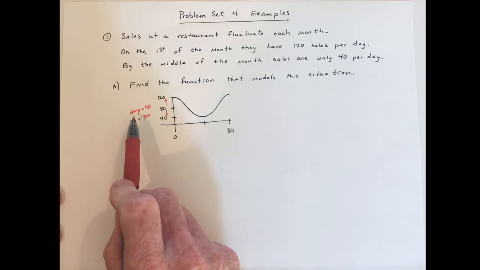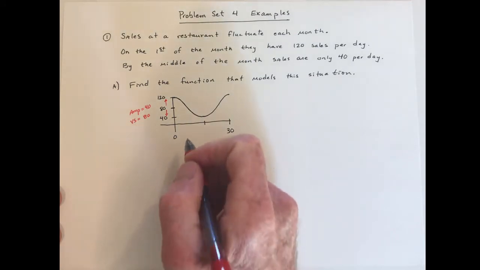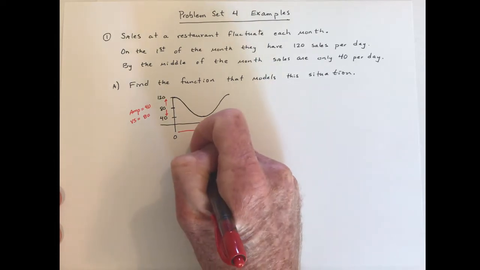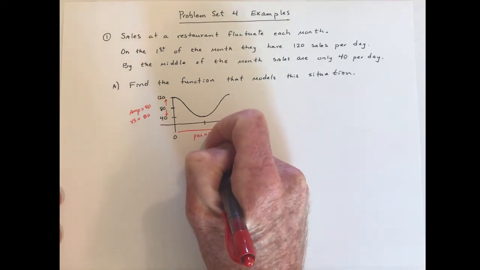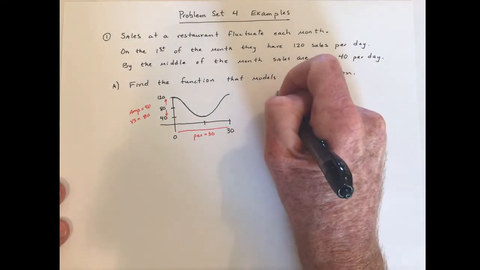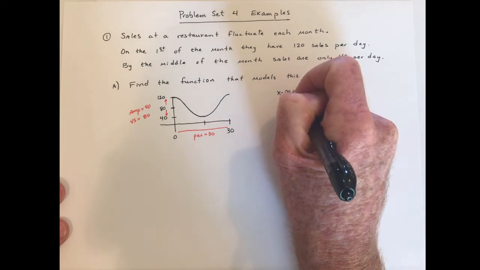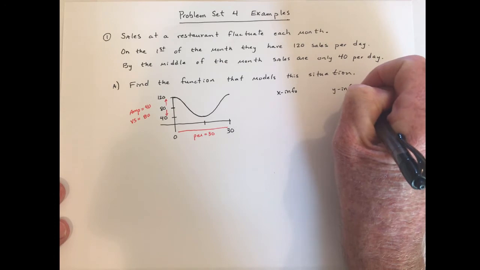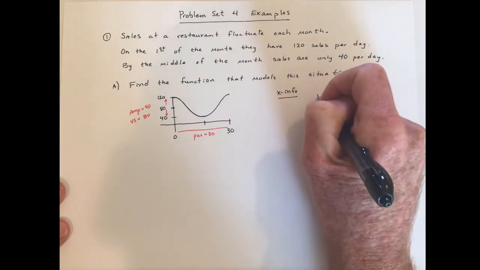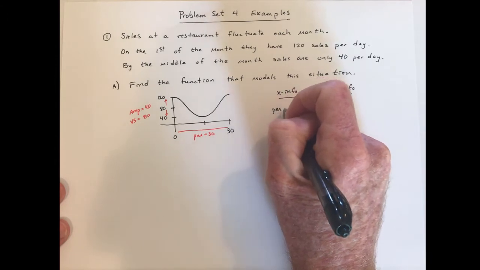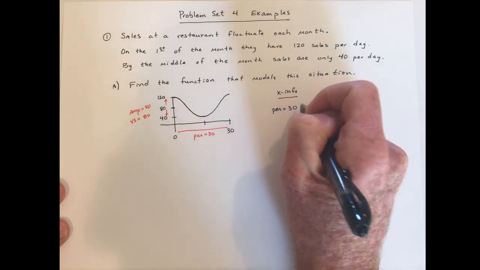So this information over here is going to be the y information. And then for the x information, all we have is that the period is equal to 30 days. I like to keep the x information and the y information separate. So the period is equal to 30.